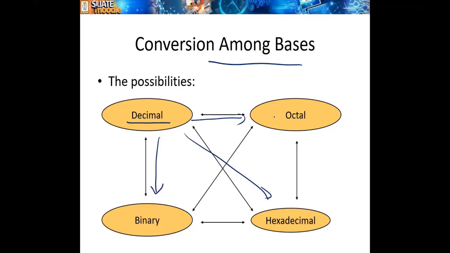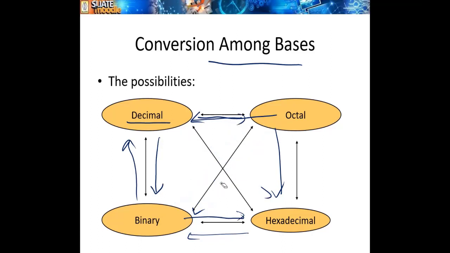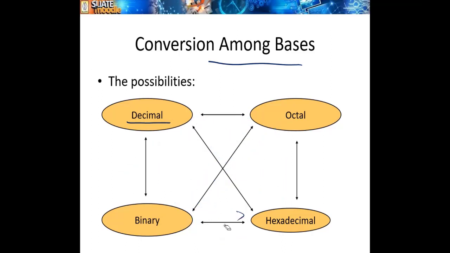Likewise, octal to decimal, octal to binary, octal to hexadecimal, then binary to decimal, binary to octal, binary to hexadecimal, and the same way hexadecimal to binary. So you should know all this, right? So we learn one by one.